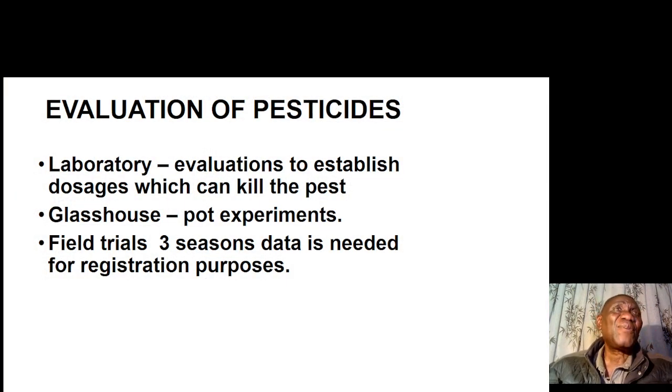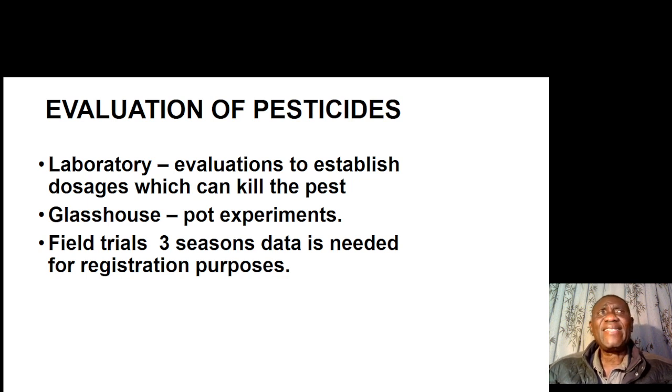Now, on the evaluation of pesticides, we can use laboratory work to establish dosages that can kill the pest. We can also use glasshouse pot experiments, and we can use field trials. Three seasons of data is needed for registration purposes.